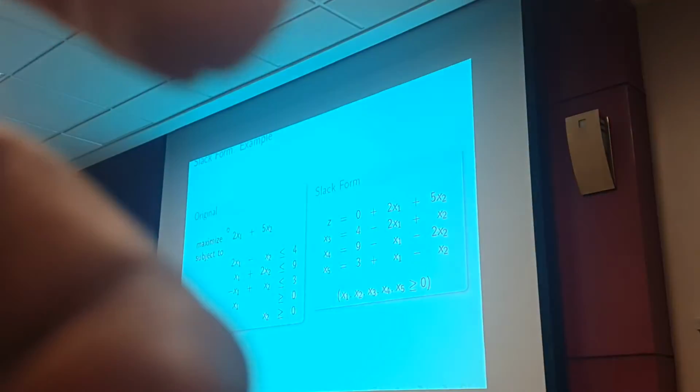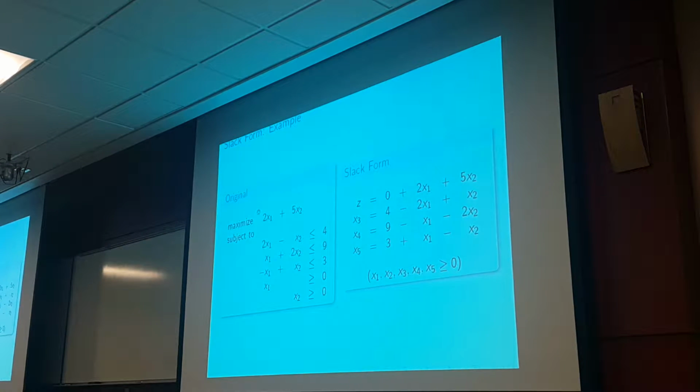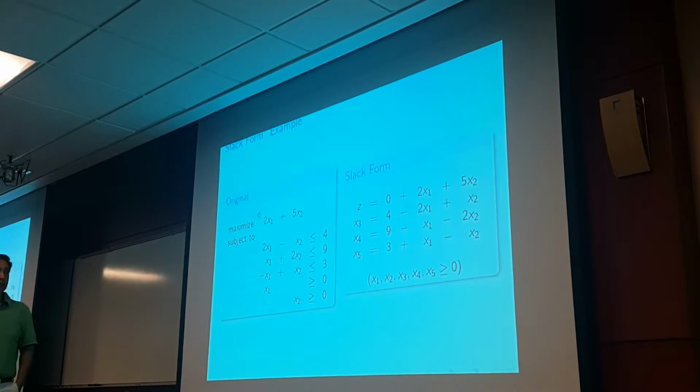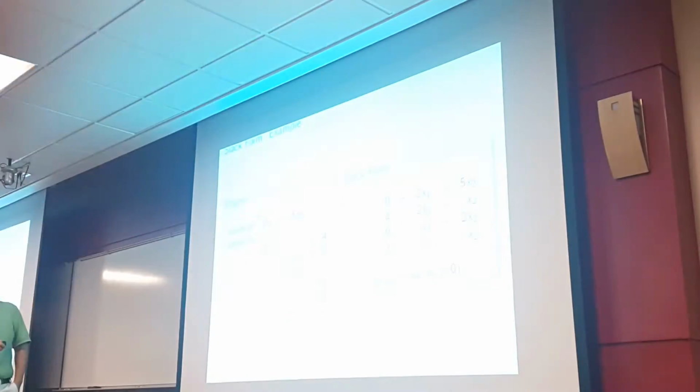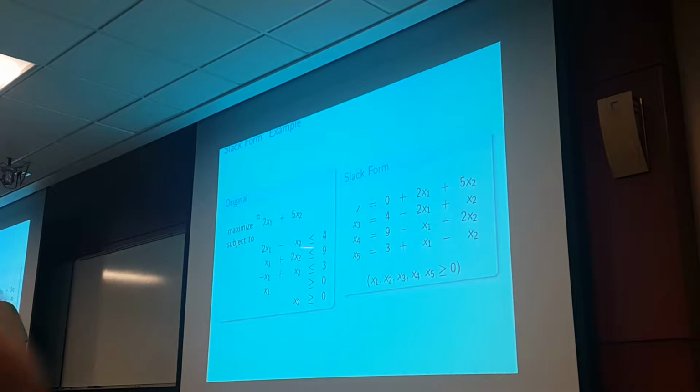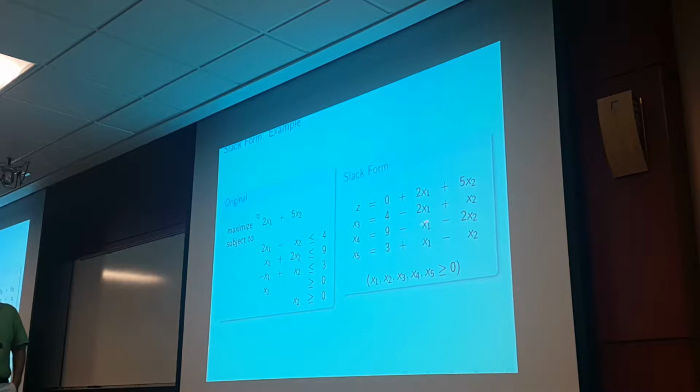I've got the objective function, its value is z, and you can see a number here, which corresponds to the initial value of the initial feasible solution that we're going to be dealing with. And these are just the coefficients of the objective function. And here you see the slack variables, and then I've just subtracted the left-hand side to get this. So here you have it, and all of this is non-negative.